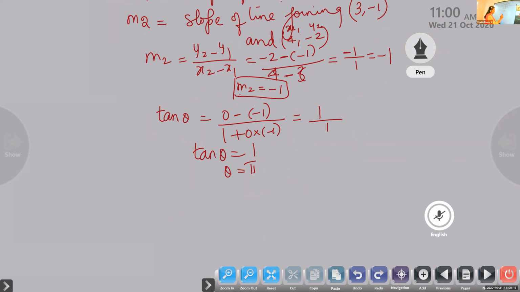Hereafter we will not write 45. What is the term we will write? 45 we will represent as pi by 4. 180 by 4, pi by 4. Is it okay, children?